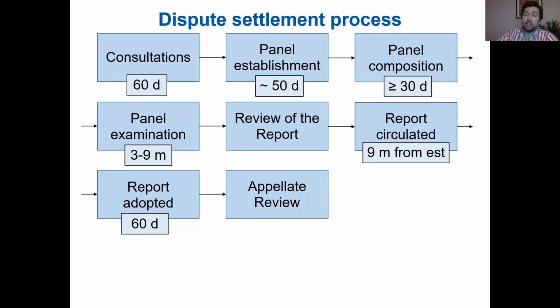The appellate body is a standing body of 7 members. I think we mentioned the appointment and even mentioned the current crisis of the appellate body in our previous lectures. Appellate review is only limited to questions of law.